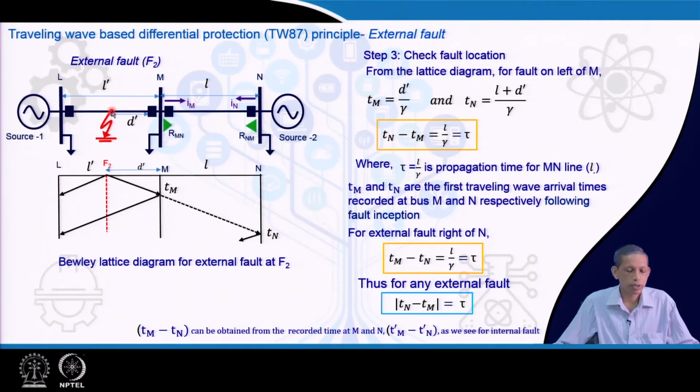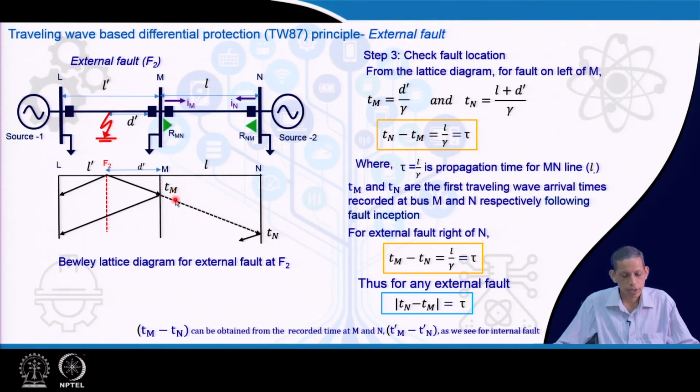So, whenever the corresponding travelling wave reaches bus M from this fault location, the time associated with that becomes T m from the lattice diagram. Now, that traverses through this line M N and reaches N at T n.